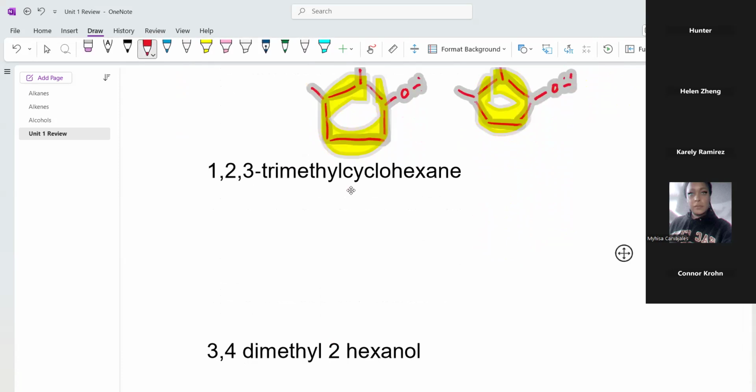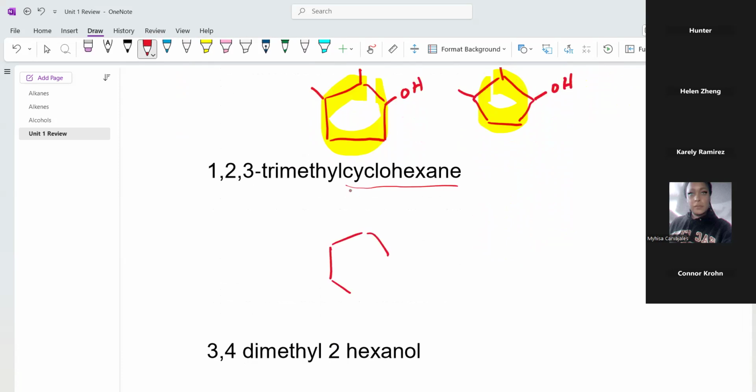Okay, so we have a cyclohexane. And 1, 2, 3 methyl branches.